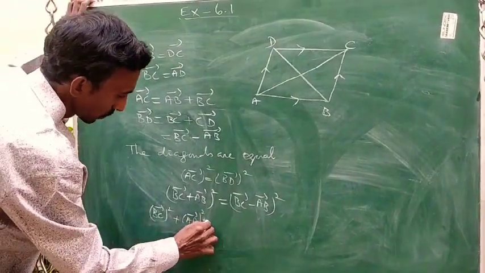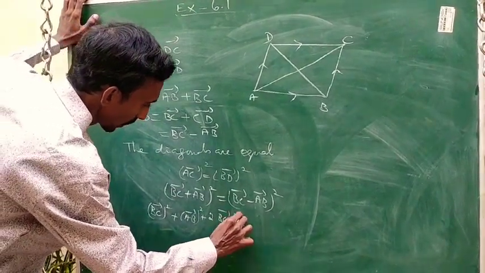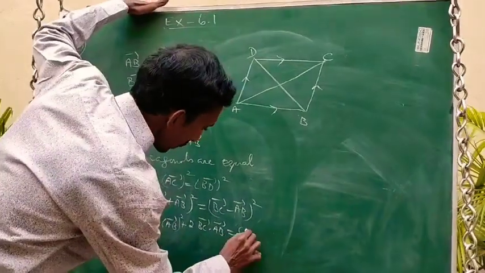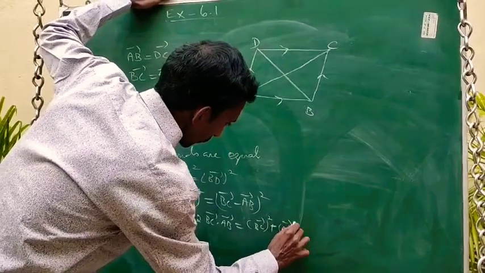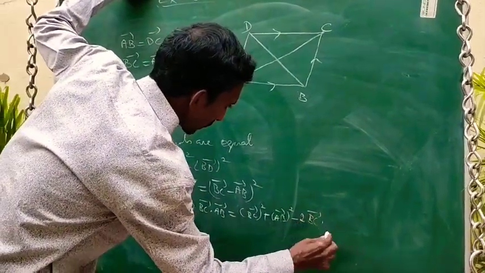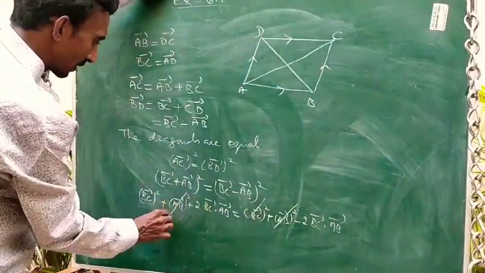plus 2BC dot AB, dot product. Similarly, BC vector square plus AB vector square minus 2BC dot AB. So these things are cancelled.